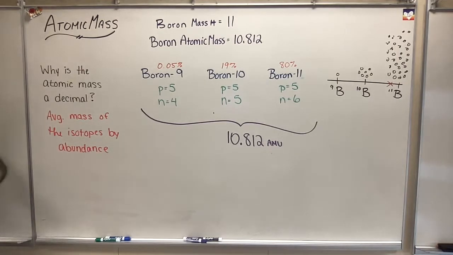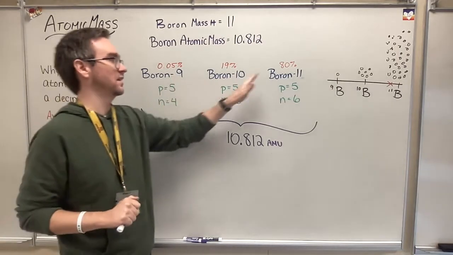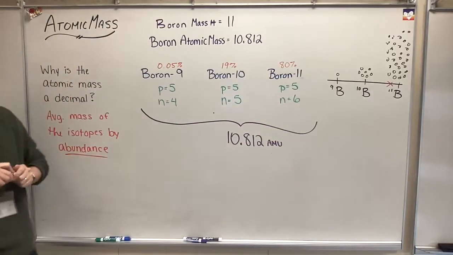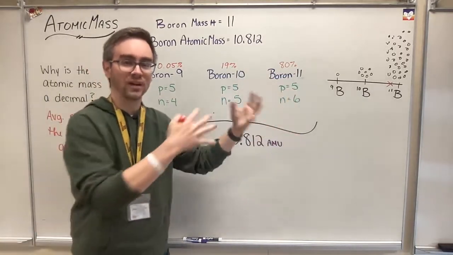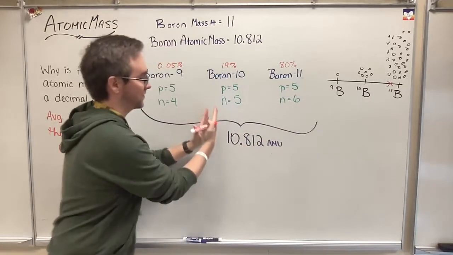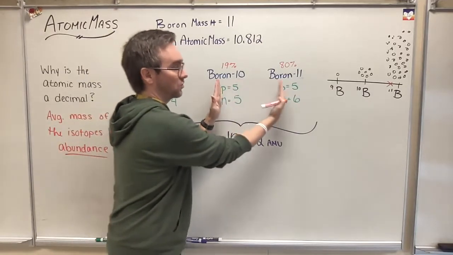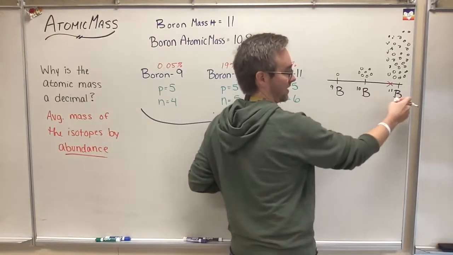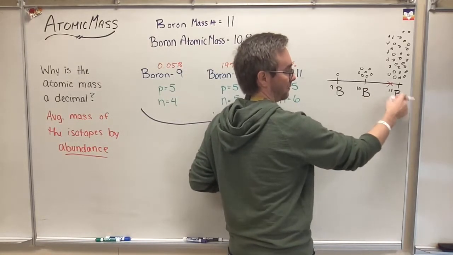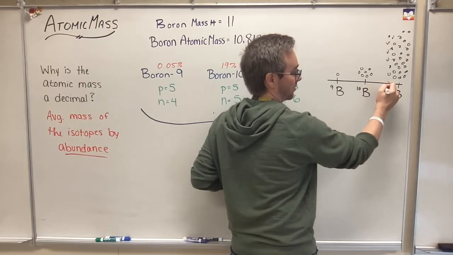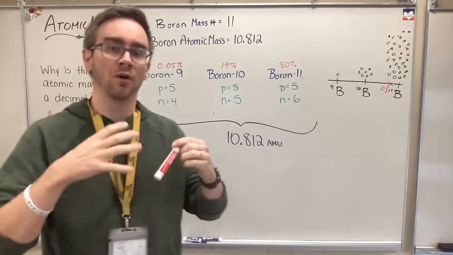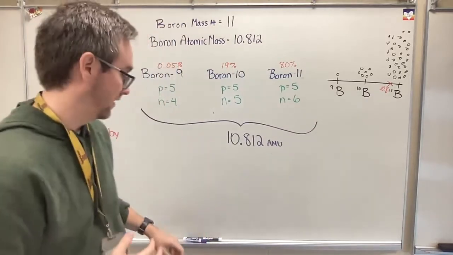There is the average mass of 9, 10, and 11, but we have to add to it this idea of abundance. Because there is more of 11, it gets a greater weight, and it shifts that average not to 10, but closer to 11, or to about 10.8. So we shifted it between 10 and 11, but not 10.5. It's closer to 11 at 10.8 because of all that abundance of boron 11.